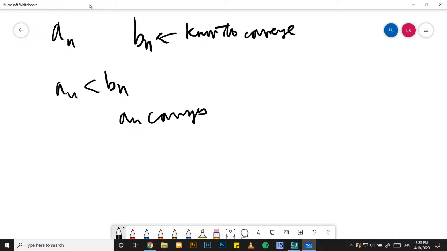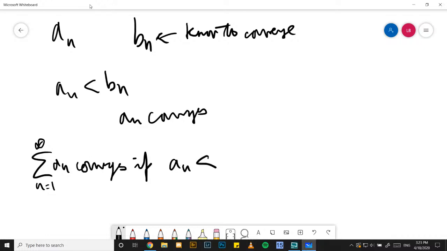Now, to write this in better notation, the sum from n equals 1 to infinity of a n converges if a n, just one of the parts of the sequence, is less than b n, and the sum of b n from n equals 1 to infinity converges.